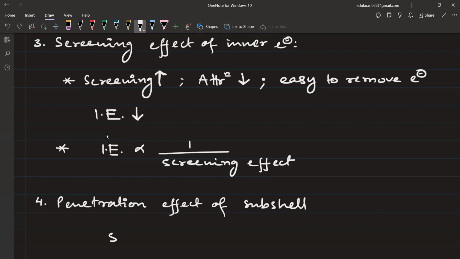That is why if an electron is present in the S subshell, in the same shell, it will require more ionization enthalpy, followed by P, followed by D, and followed by F. So S will have the highest ionization enthalpy in the same shell. If you're talking about the third shell, then 3s electrons will have higher ionization enthalpy than the 3p electrons. So that is also one of the factors.